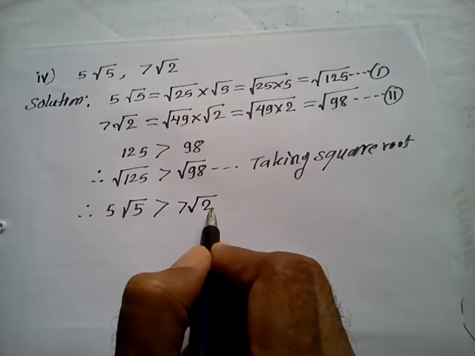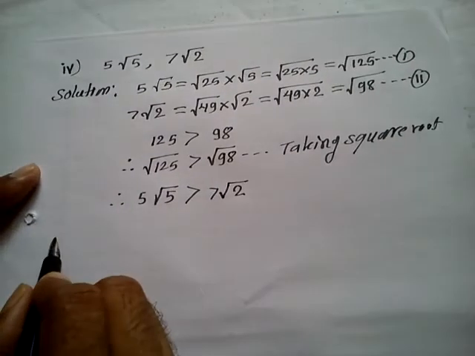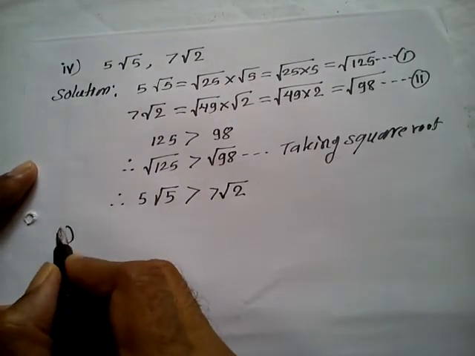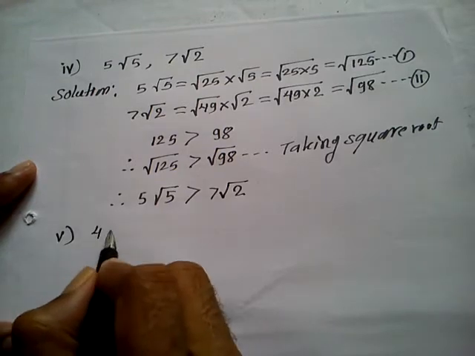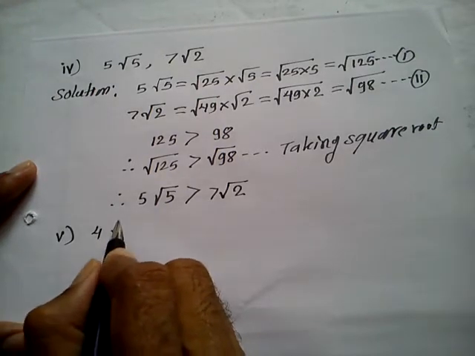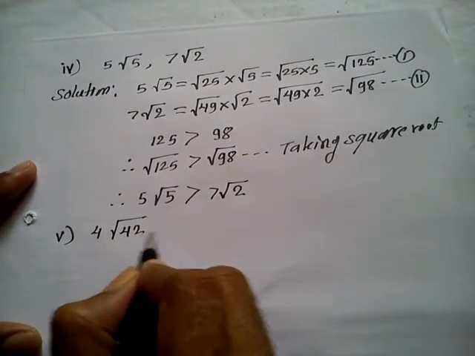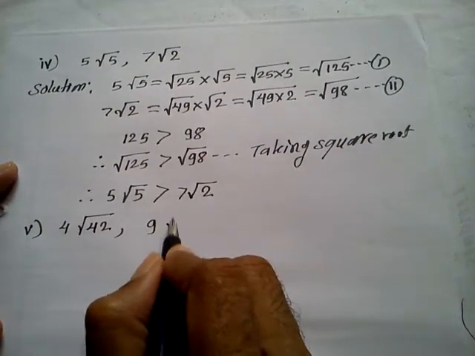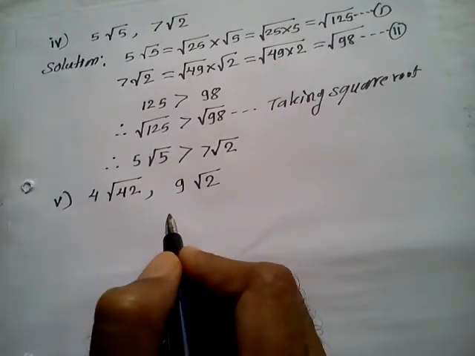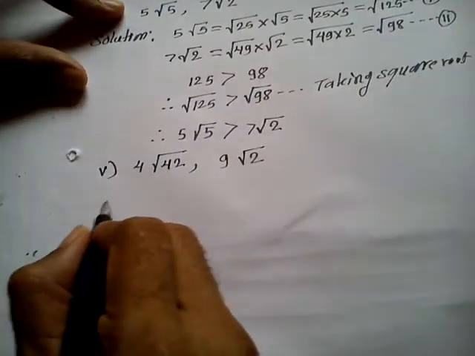Is it clear now? Now example fifth. What is that? 4 under root 42, first one, and second one 9 under root 2. How to compare?